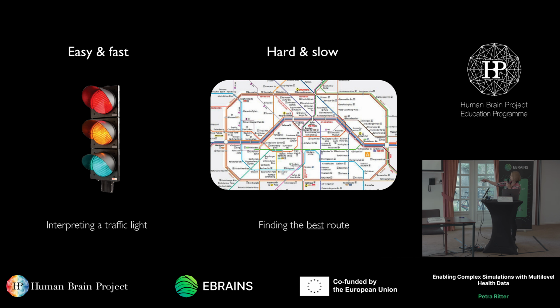And this is one example. So if we see that a traffic light turns red, then immediately we take the decisions. We don't have to think long about it and step on the brake, for example, or stop walking and crossing the street. But if the challenge is to find the best route in this metro map, the shortest or fastest, whatever, then we have to look into this, we have to analyze the map and come up with a solution.